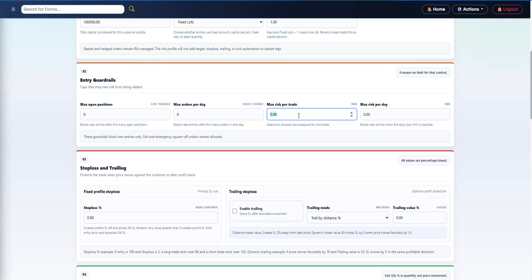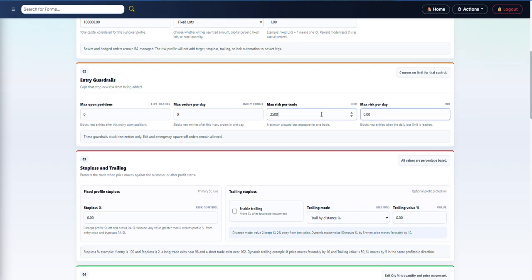Now, max risk per trade: if you put, let's say, 2500 rupees, then whenever a 2500 loss comes, your loss will be controlled and your positions will be exited at this loss, so there will be no loss of more than 2500 rupees.